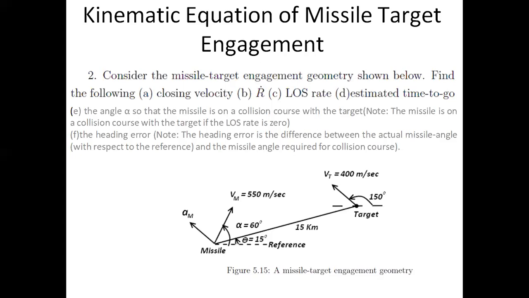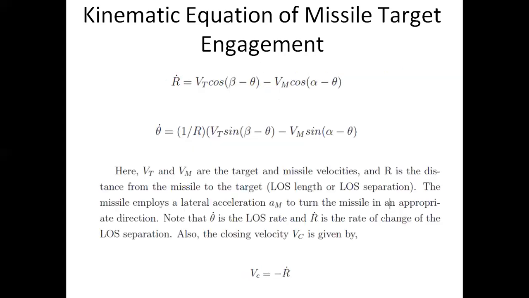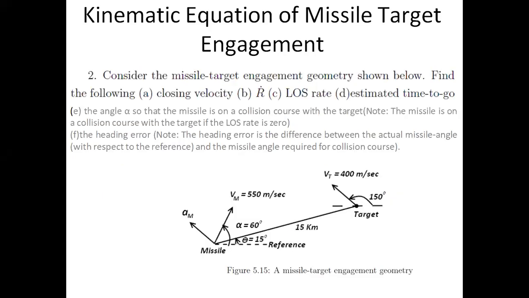That's what we discussed in modern guidance laws. Here, for these parameters, we don't need to know the guidance law. We only require the geometry of the missile and target using the point mass model. So find out these four, and we'll see what the next two questions are.